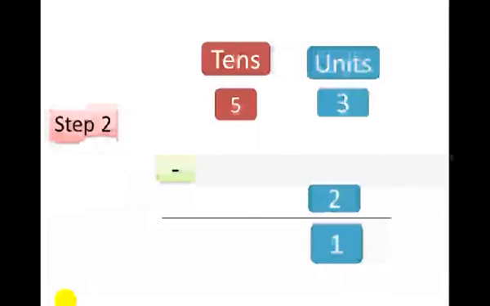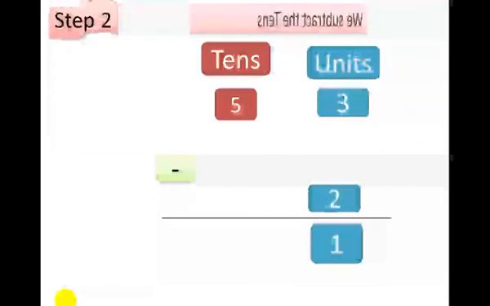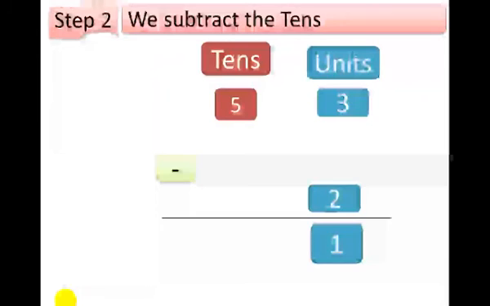Next, we subtract the tens. Now, let's look at the numbers under the tens. We have 5 minus an empty space, which is blank. 5 minus empty means 5 minus 0.